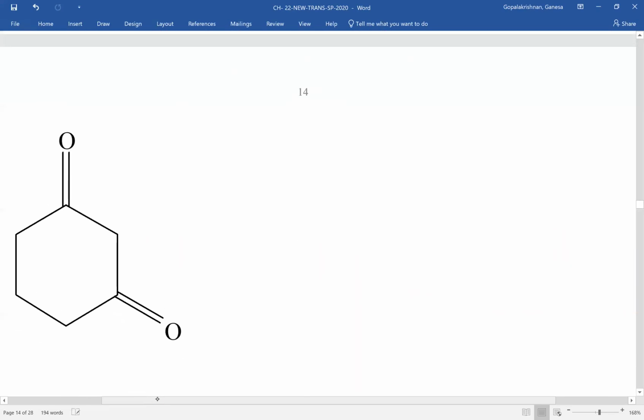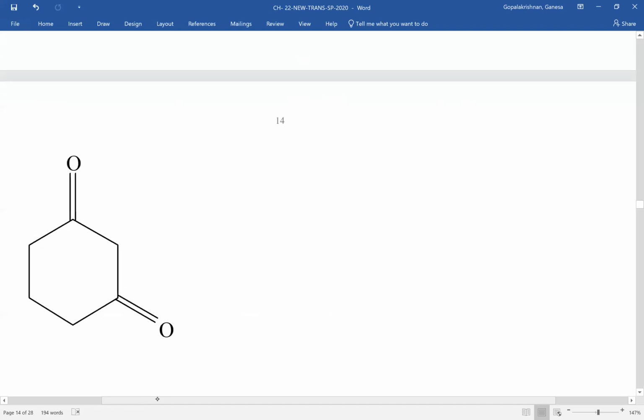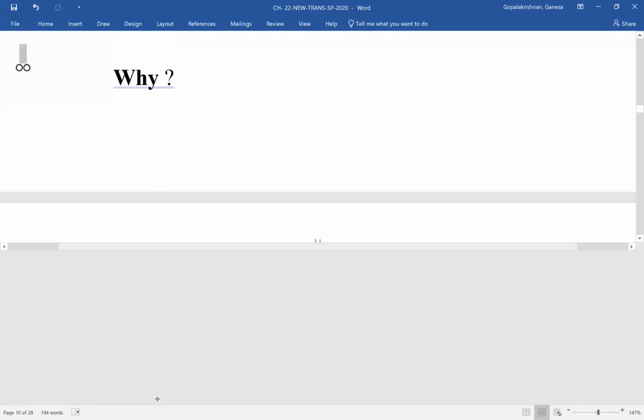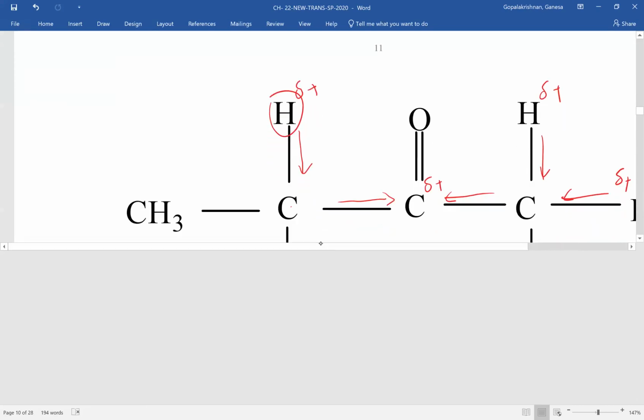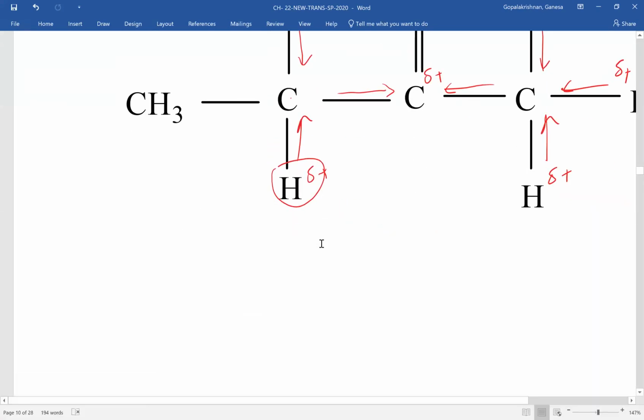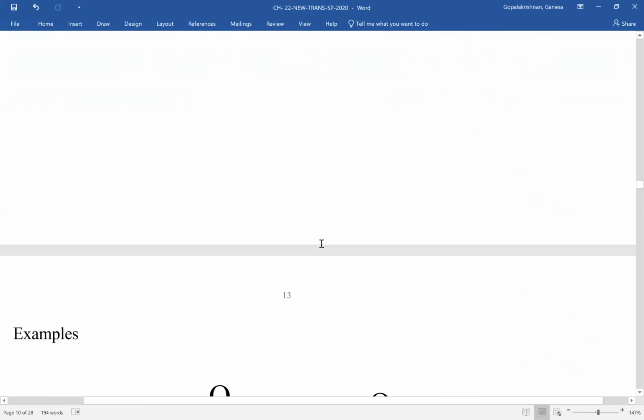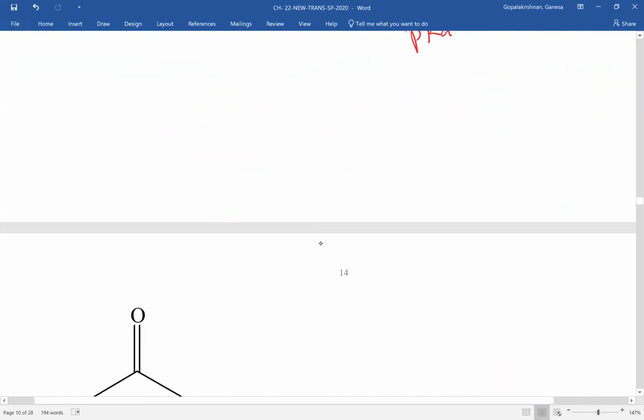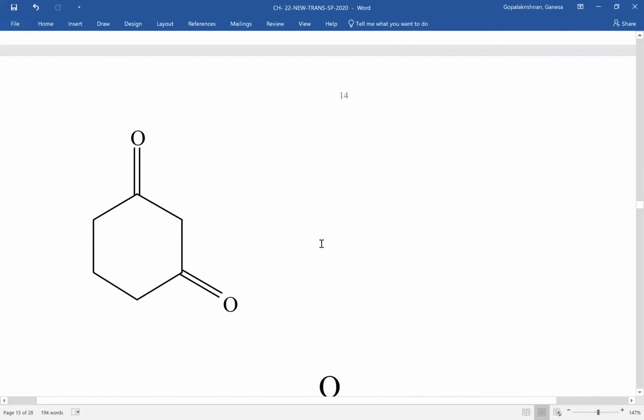If you look at this one, you have an alpha carbon here. Alpha, alpha, alpha. These have two hydrogens, with the same inductive effect on these two hydrogens.